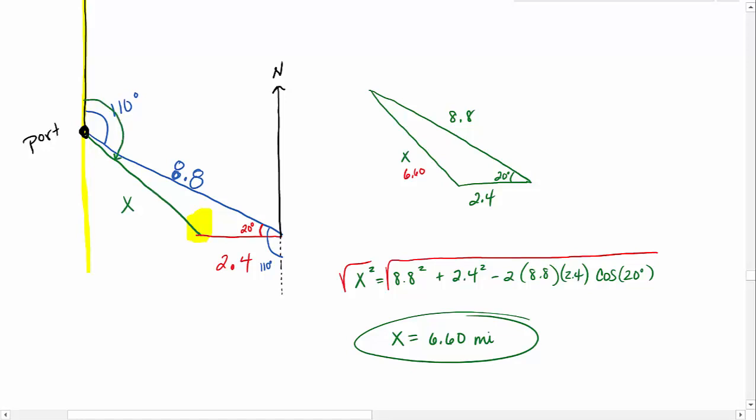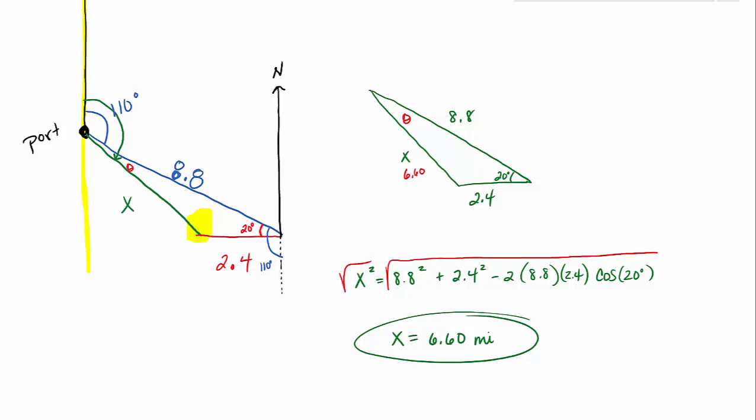So what we can do is, in our breakout triangle, find this angle up top. I'll call it theta. And then, that's right, that's the same as this angle here. And then we'll add it to the 110 degree bearing that we had to get our original blue vector there. And that'll give us the bearing from port to where our boat is right now.